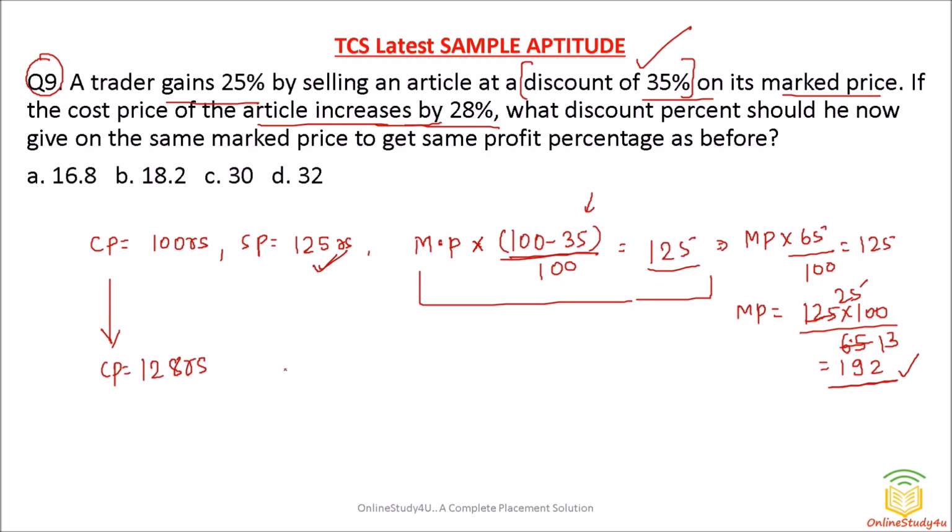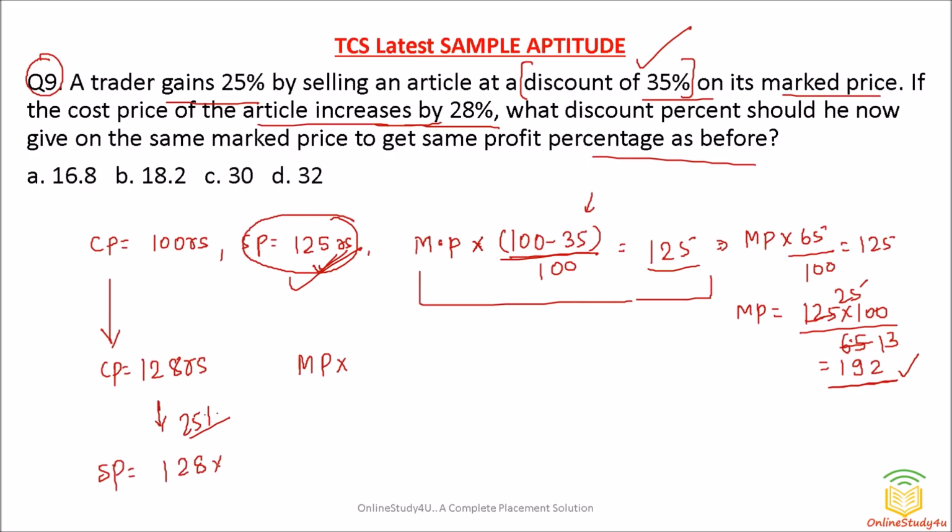What discount should he give now on the same marked price to get the same profit percentage as before? Again we have to get the same 25% profit. They are not talking about the values.